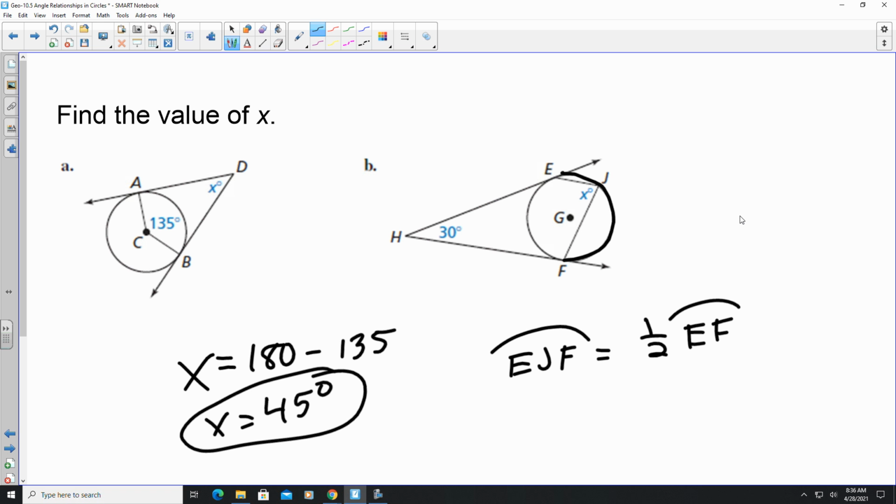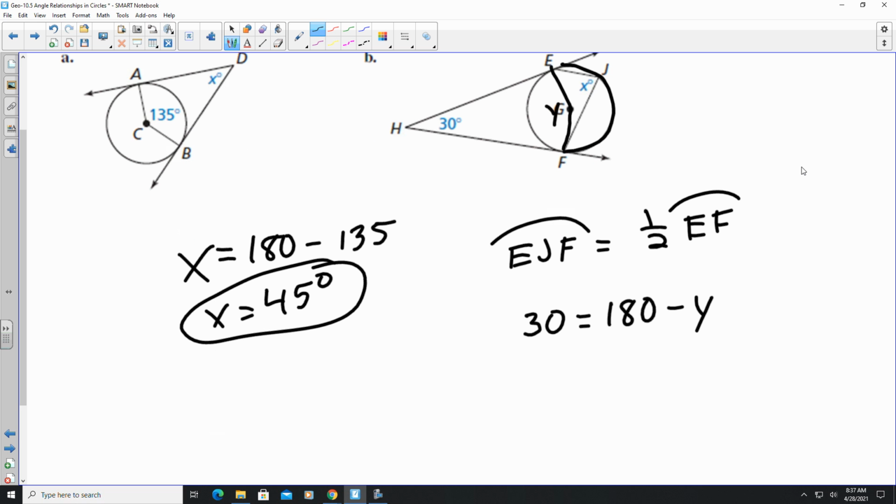We can also then make the conclusion that 30 degrees will be equal to 180 minus whatever this angle is here. Since we don't know what that angle is, we'll call it Y for right now. Subtracting 180 from both sides, negative 150 is equal to negative Y. So this angle here is 150 degrees.